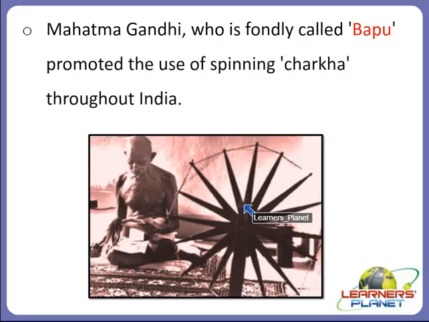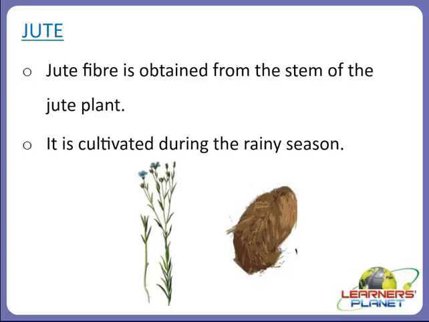The charkha came to be recognized as the Indian symbol of self-sufficiency and independence all over the world. So it was our Bapu who promoted the use of the spinning charkha. How interesting it is. Right.